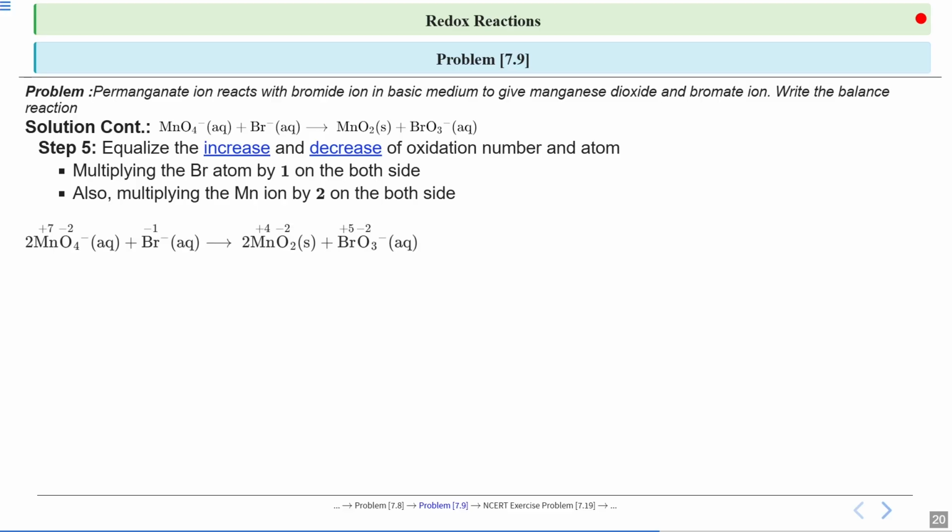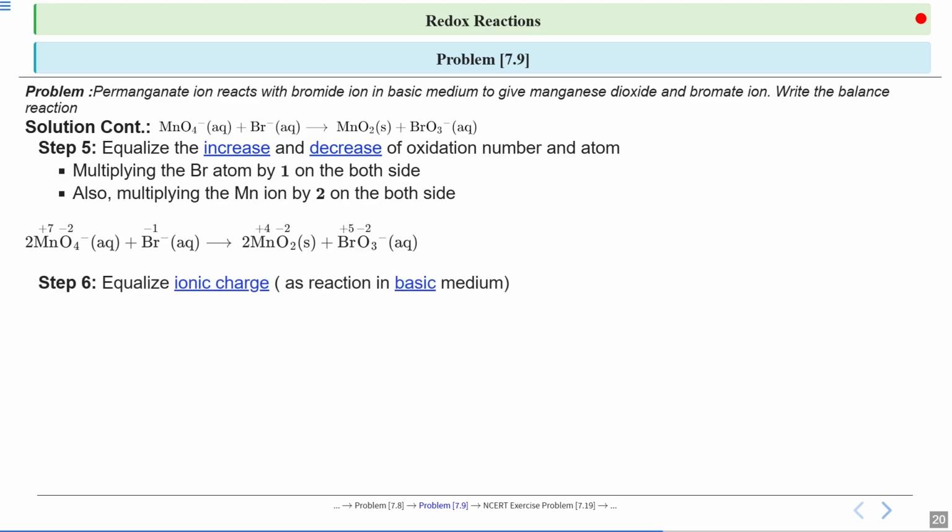So the equation that we get is 2MnO4 negative plus Br negative gives 2MnO2 plus BrO3 negative. Here we have multiplied manganese by 2 on both the reactant and product. And as the bromine atoms were equal, it is multiplied by 1 on both the reactant and the product, so it would be the same. Okay.